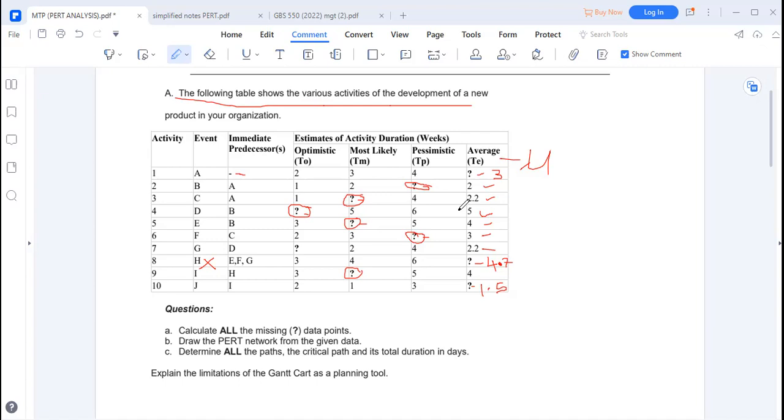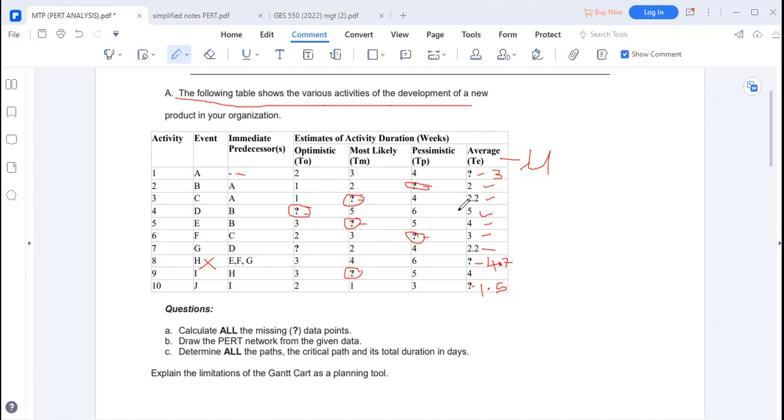Then the optimistic time for B is 1. Most likely is 2. So we can substitute there and get whatever we need.